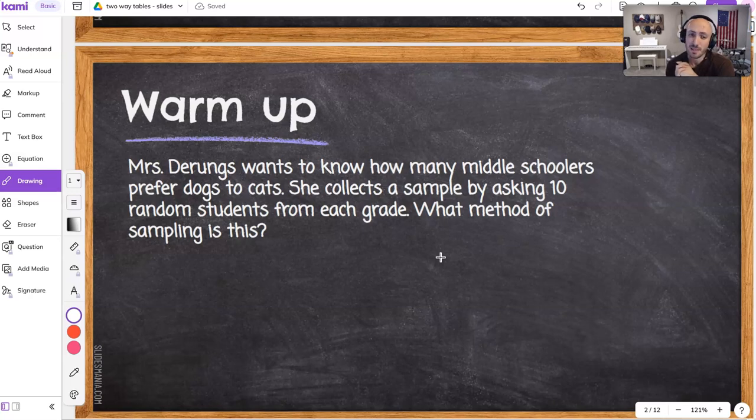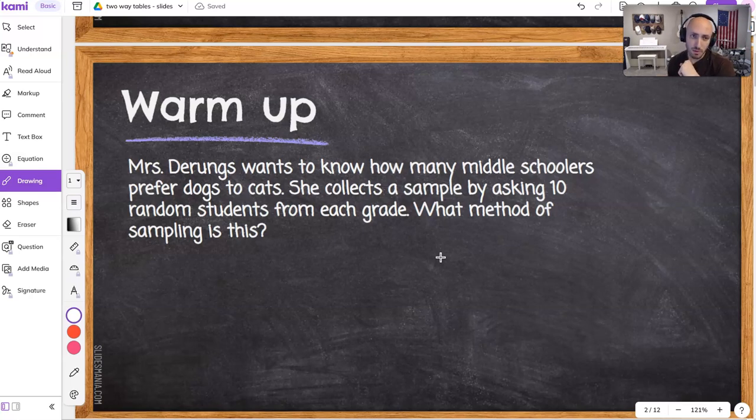Want to avoid those as much as possible too, because typically when you ask for volunteers or ask a sample to self-select itself, you get a certain type of subject that would volunteer to take a survey or something like that, right? An example of this could be if you're looking at Amazon reviews or something. Typically those people are either going to be very happy or very sad or very angry, right? They're going to have strong emotions one way or another. You're not going to get that sort of middle crowd there. So those two types can introduce a lot of bias: convenience sampling and volunteer or self-selected sampling.